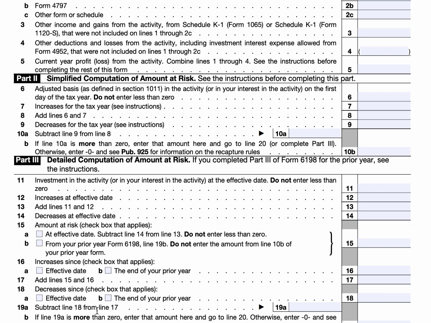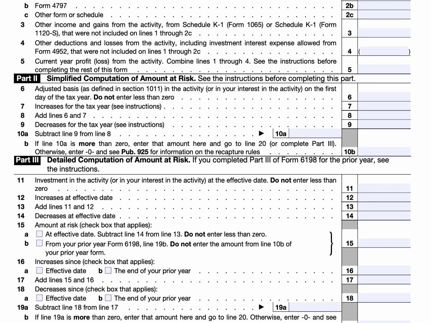If the activity began on or after one of the effective dates shown below in the instructions, and you did not complete part 3 for the prior tax year, then you'll skip lines 11 through 14. You'll enter 0 on line 15, and then you'll complete the rest of this.